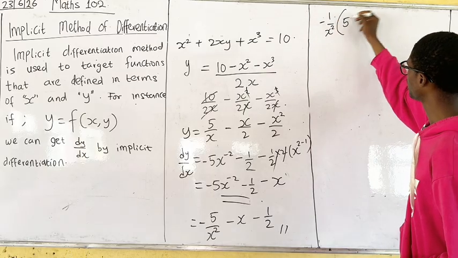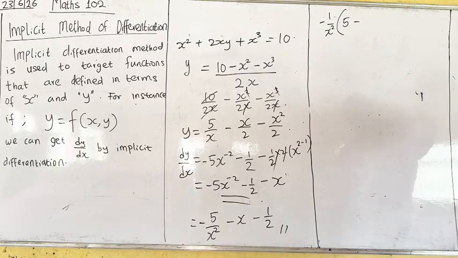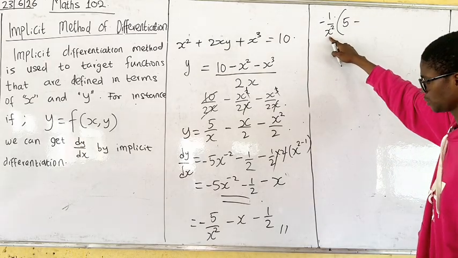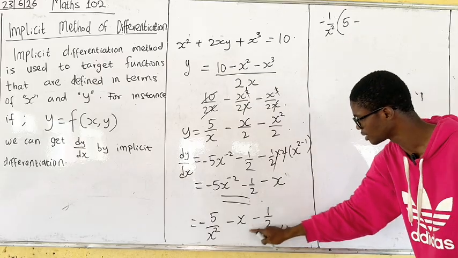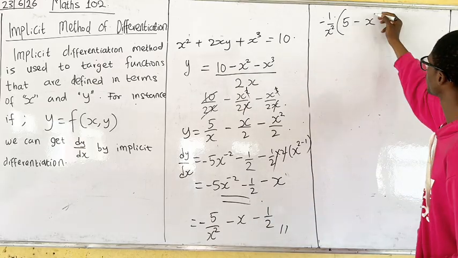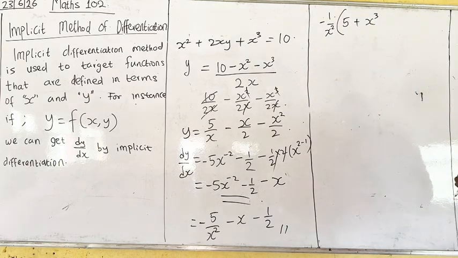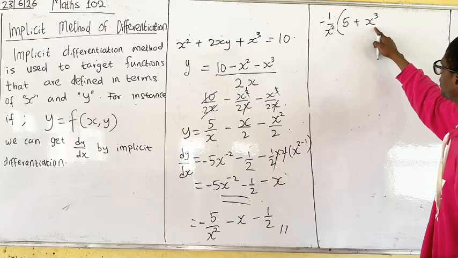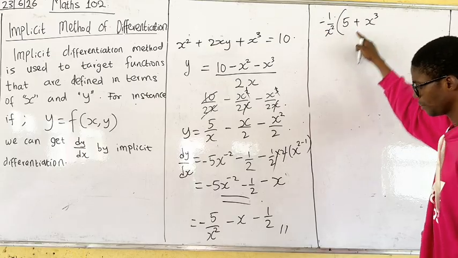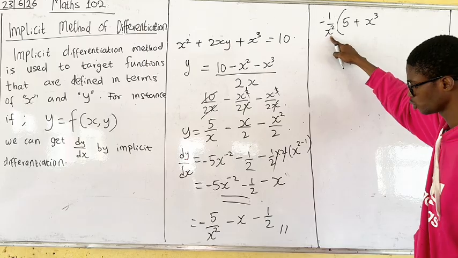This is 5, right? This will now become minus. So what will multiply by this so that we'll have x remaining here? I think x to the power of 3, right? And this will be plus. Because minus will multiply minus, we'll have minus x cubed over 2 squared.